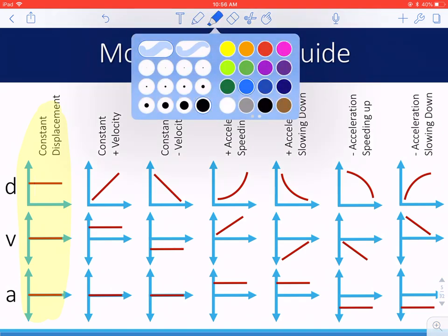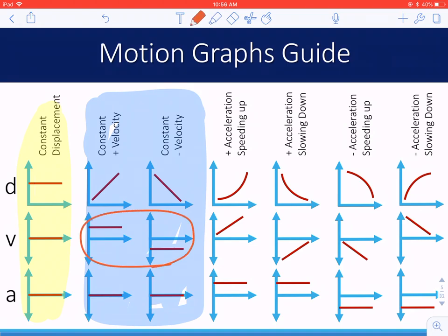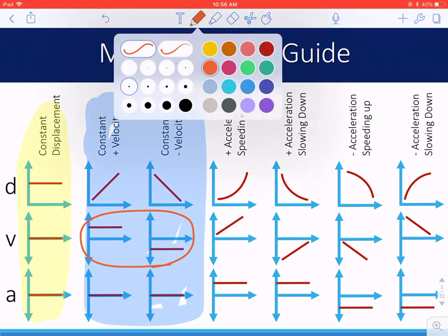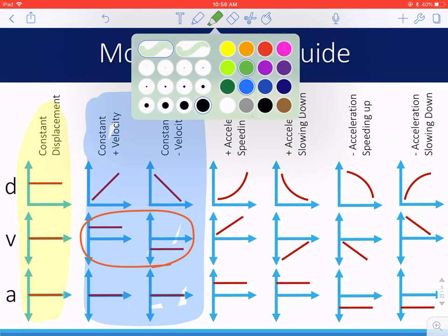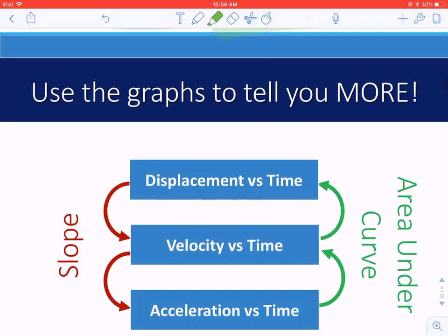For constant velocity, both positive and negative, you have a constant slope in your displacement with just a constant positive or negative velocity and a zero acceleration. For anything that is accelerating, you're going to have a curved displacement and then a constant slope on your velocity with a constant acceleration the entire time.